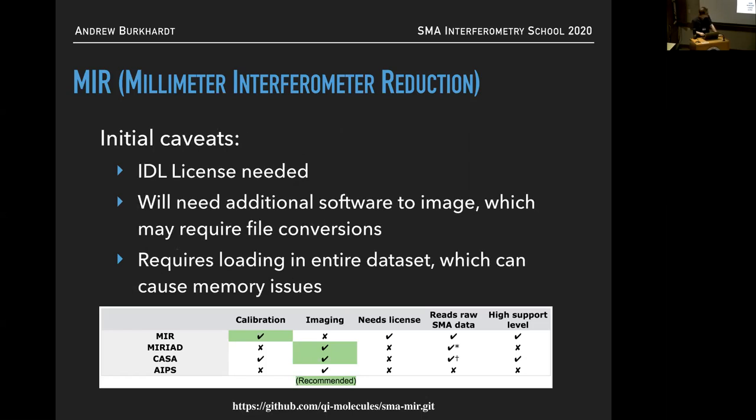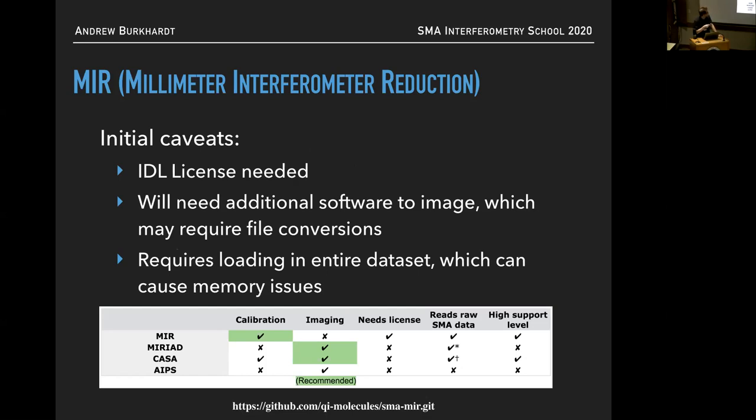Some initial caveats about MIRIAD. You do need an IDL license. If your facility doesn't have one, the CfA does allow some access if you have SMA data to be able to work on it a bit. So if you have issues with that, you can contact your SMA friends to try to get access.